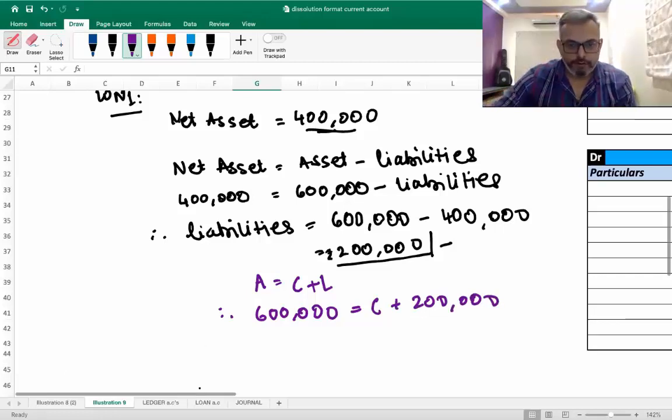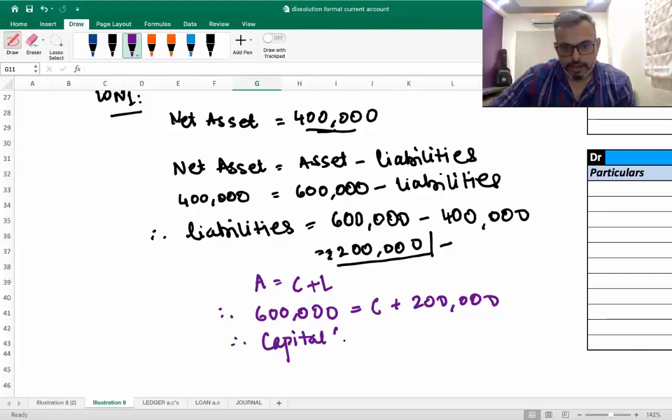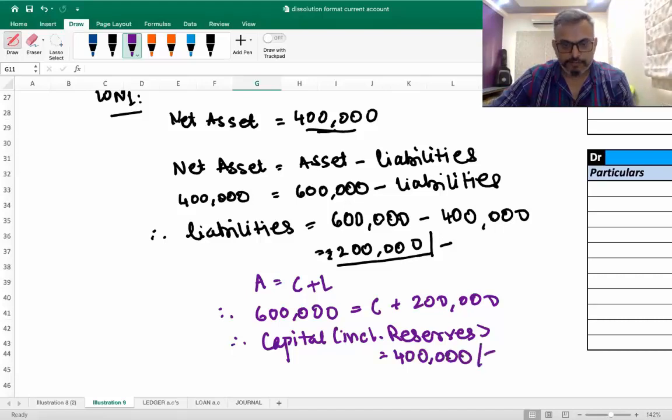So therefore, capital, I write including reserves, is equal to 6 lakh minus 2 lakh, which is equal to 4 lakh.